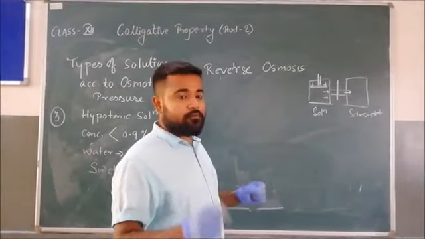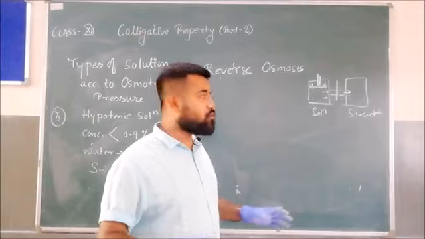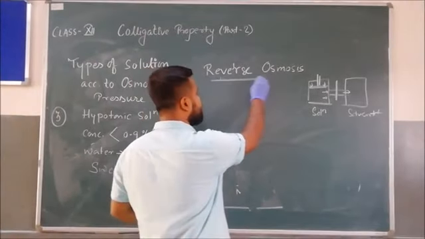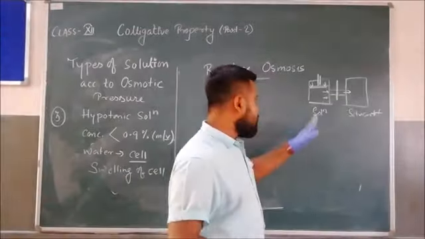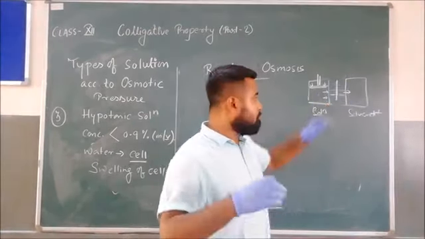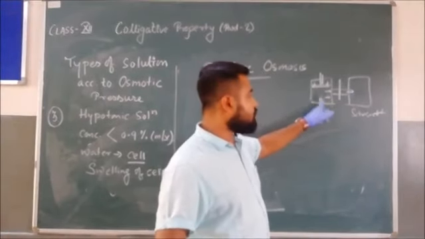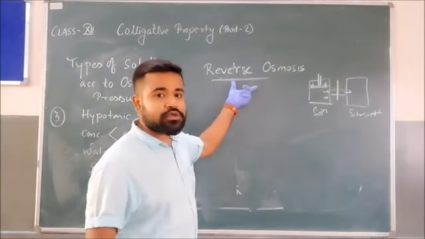It means it is against the osmosis, and this is called reverse osmosis. Here the solute particles are not moving, because there is a semi-permeable membrane. But the solvent is moving from solution to solvent against the osmosis. That's why this is called reverse osmosis.